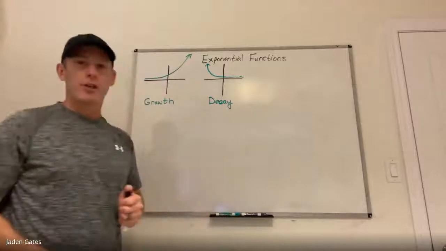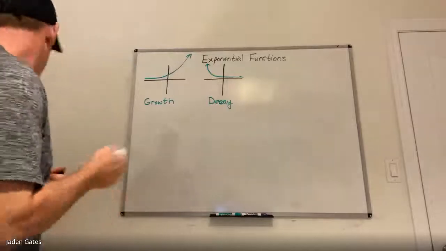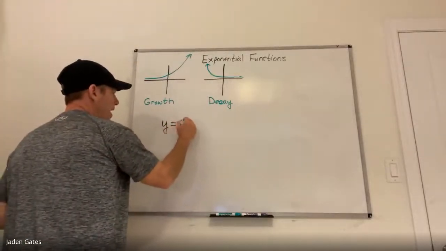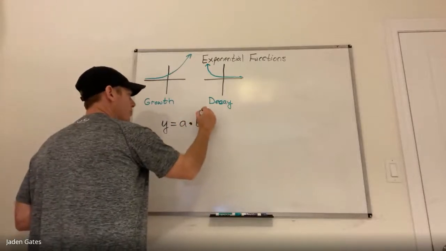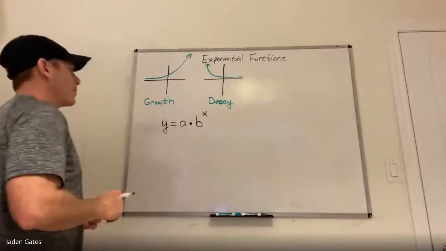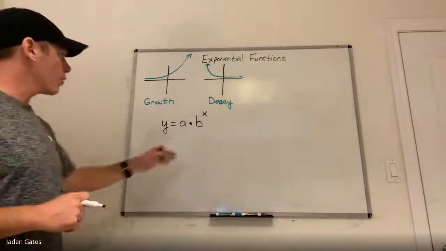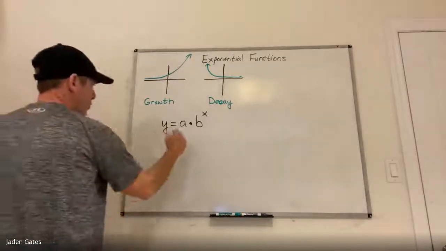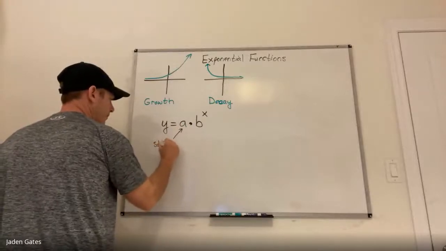Now, the equation that could create either one of these graphs is in the form y equals a times b, and of course we need an exponent for exponential equations, to the power of x. Because we are going to develop an exponential equation, the a value is what's called your starting amount.